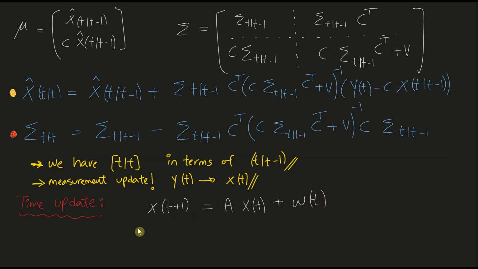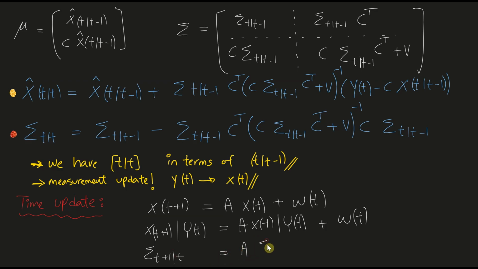So we're done with t minus 1, we're done with t, we're going to t plus 1, and we're using t to give us information about t plus 1. And I can again condition on y of t, and w and y are independent, so w is not written given y, and so sigma t plus 1 given t can be simplified as follows.